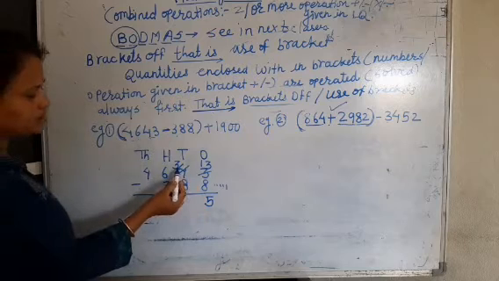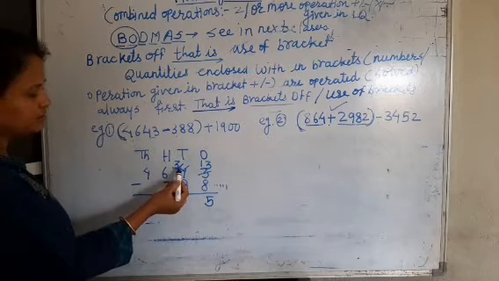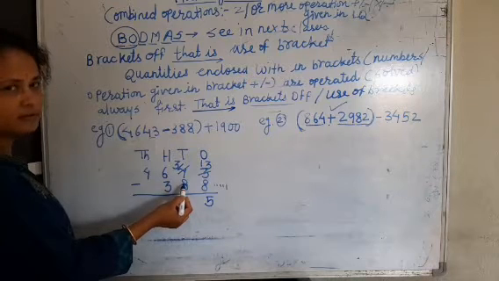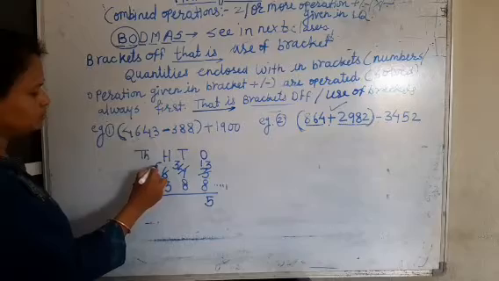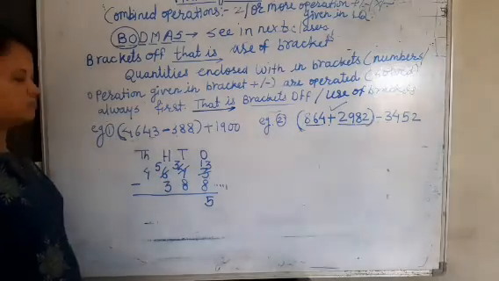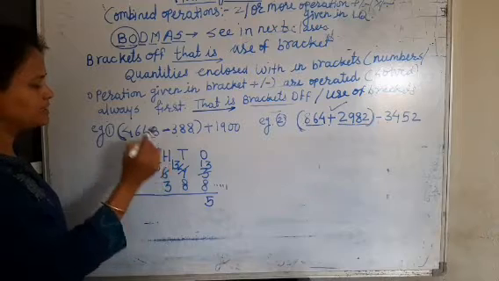Let us go to the tens column. In the tens column 3 is there. 3 minus 8, again we can't. Let us borrow from the hundreds column. In the hundreds column there will be 5 and 1 is given to the tens column.